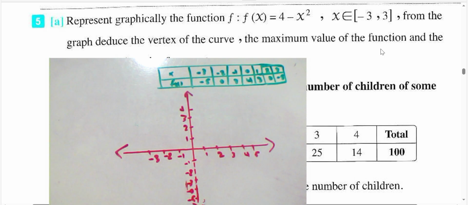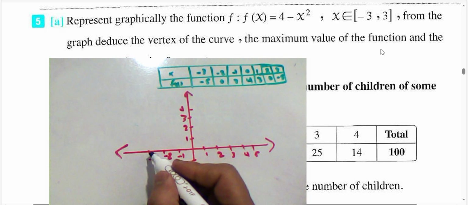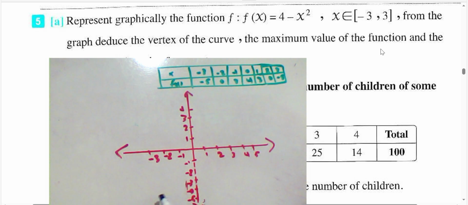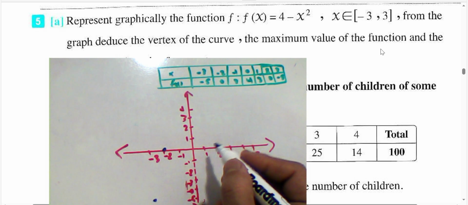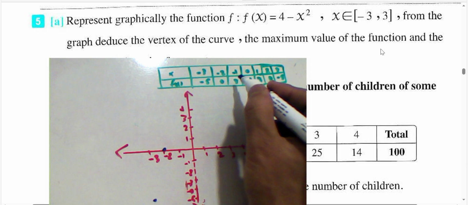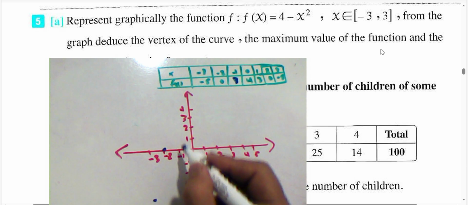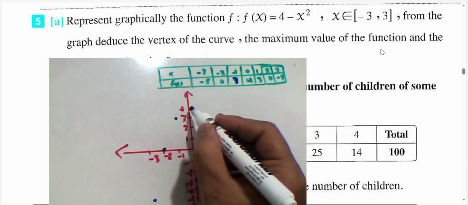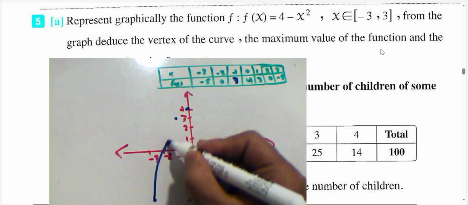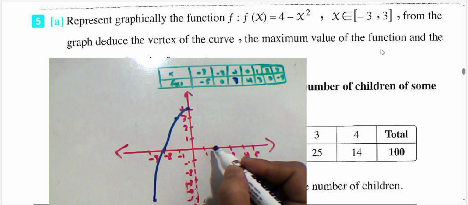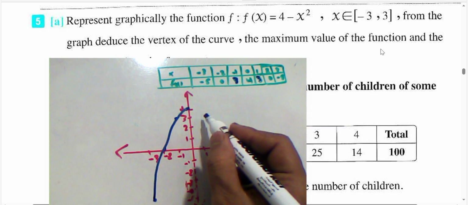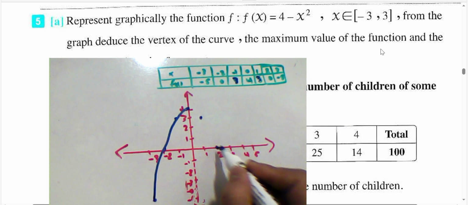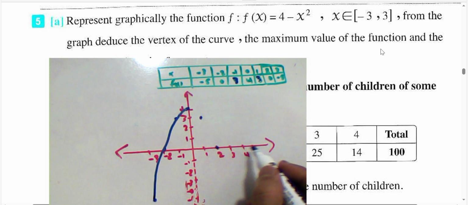The image: -3 to -5, okay, and -2 and 0, -1 and 3, 0 and 4. Then you can draw this curve on the left-hand side, and then 0 and 4. Start here 1 with 3, 2 and 0, and 3 with -5.